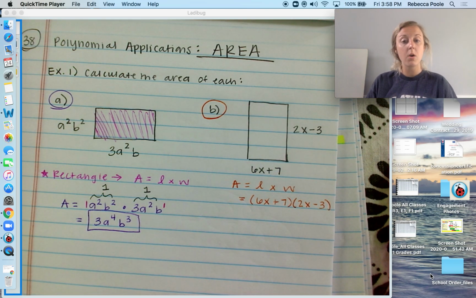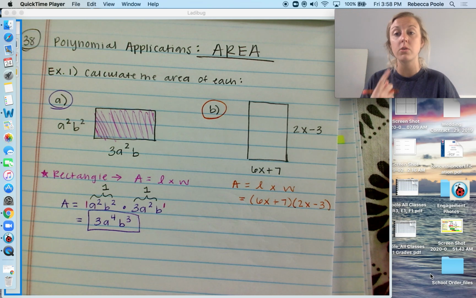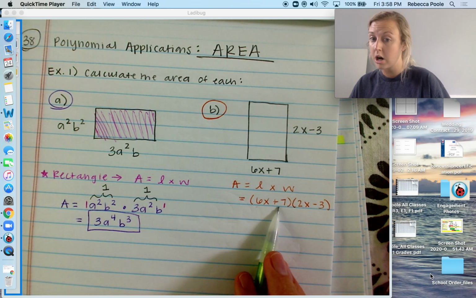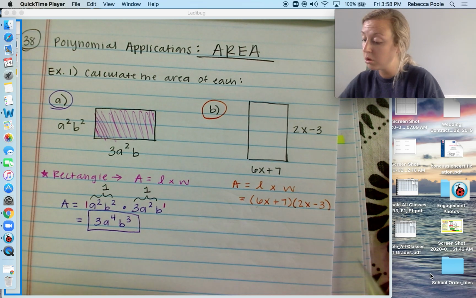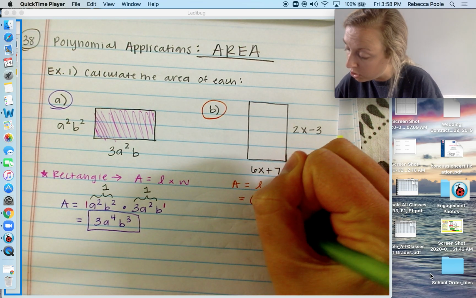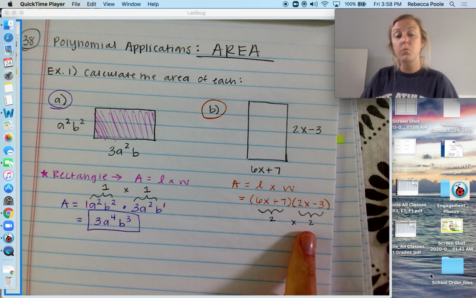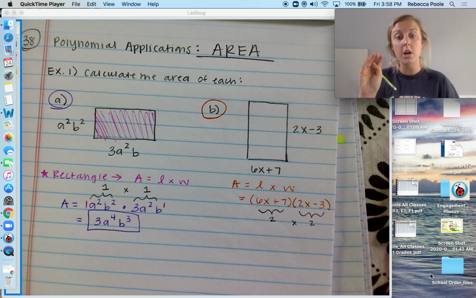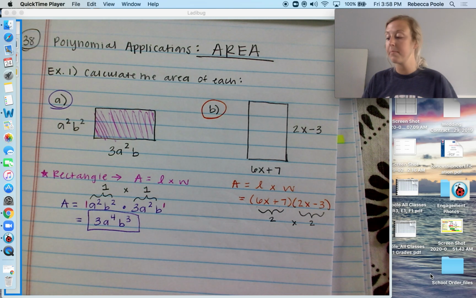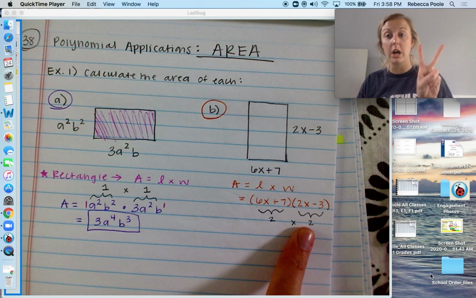Okay, well now, when I try to multiply these two, check to see what kind of polynomials you have. 2 terms by 2 more terms. So if I have 2 times 2, I should really end up with 4 terms, right? Okay, binomial times binomial.